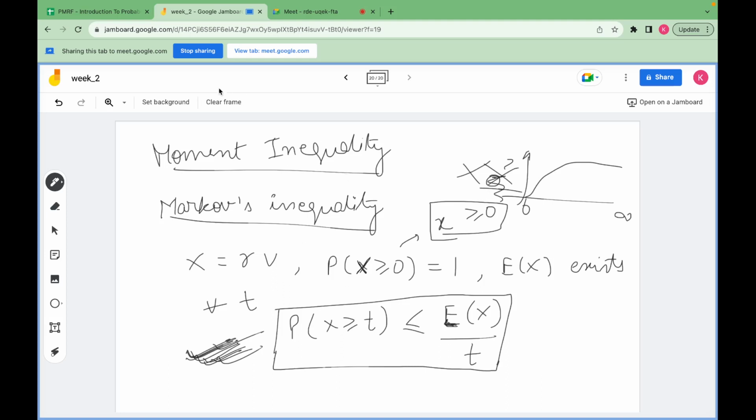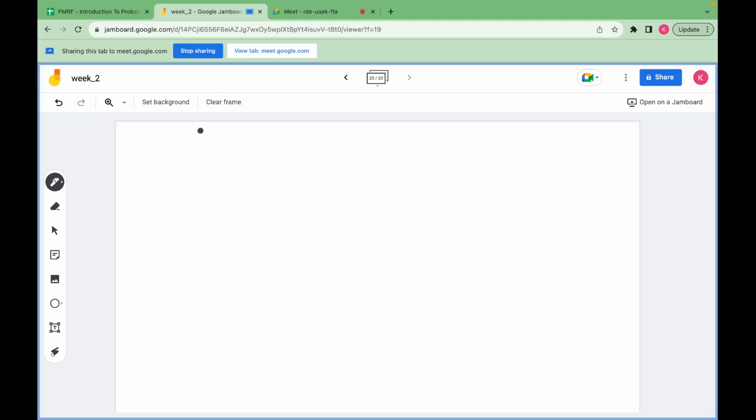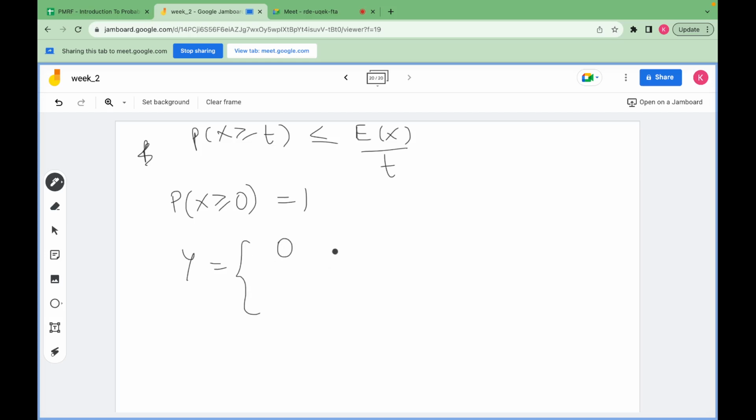Okay, so I have an example over here. So let's try to prove this theorem. Okay, so what we are trying to prove is that the probability of x greater than or equal to t is less than or equal to expectation of x by t. Okay, so it was said that the probability of x greater than or equal to 0 is equal to 1. So now let's define another random variable y, which is equal to 0 when x is less than t, and it is equal to t when x is greater than or equal to t.